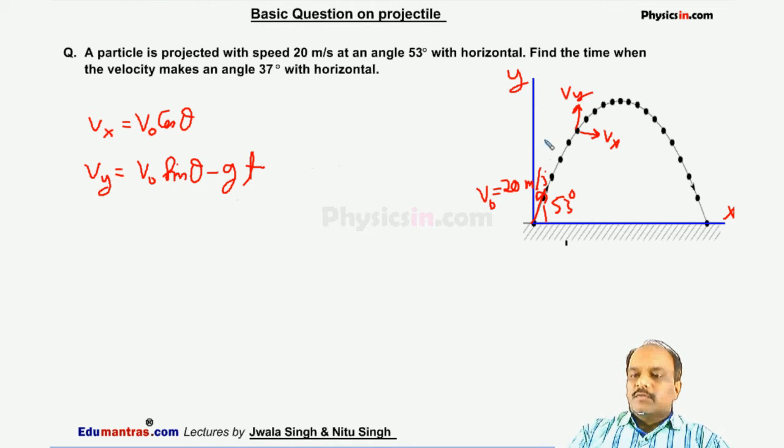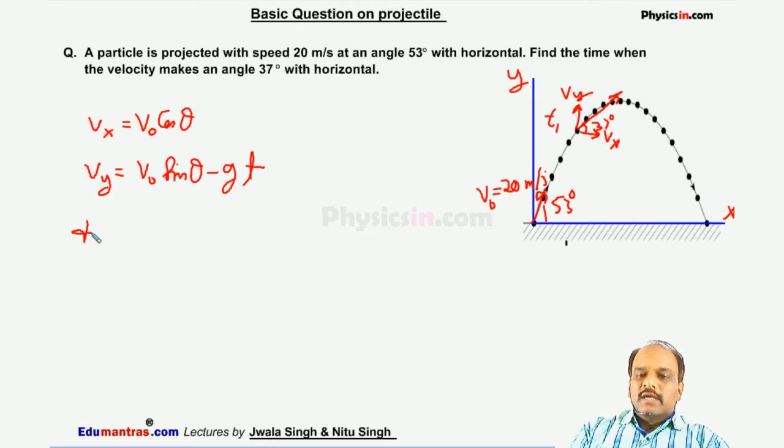Horizontal velocity will remain same. Vertical velocity will go on decreasing. It becomes 0 at the highest point and then again it becomes negative. So when the velocity makes 37 degree in upward direction, let this time be t1.